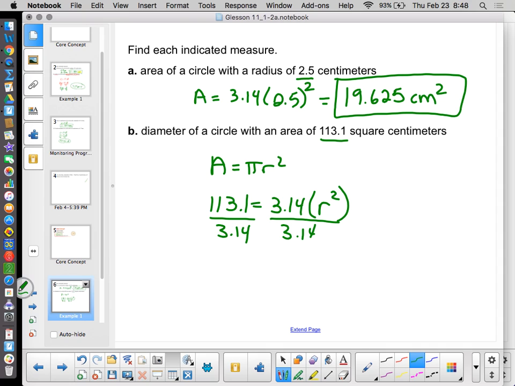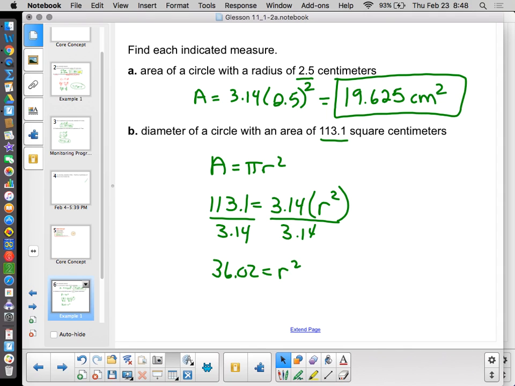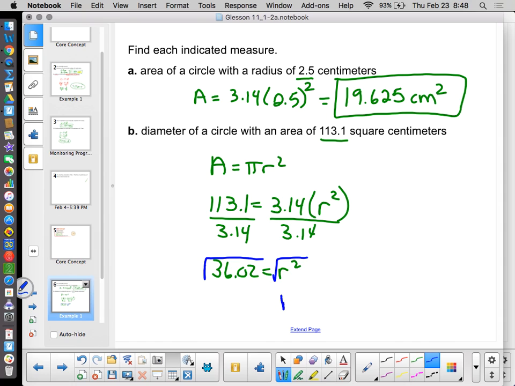So 113.1 divided by 3.14 is 36.02 equals r squared. But I don't want to know what r squared is. I want to know what the radius is so I can find the diameter. So in order to solve for the radius, I'm going to have to take the square root of both sides. So square root of 36.02 is about 6.00.